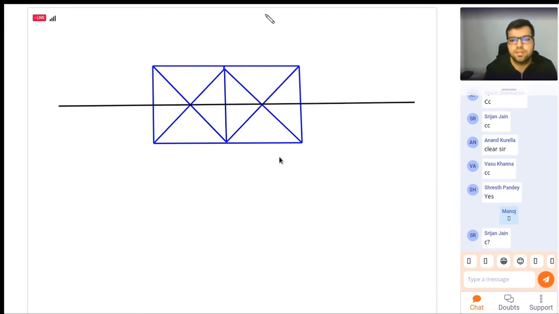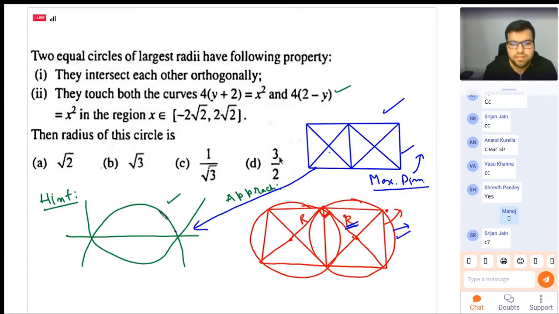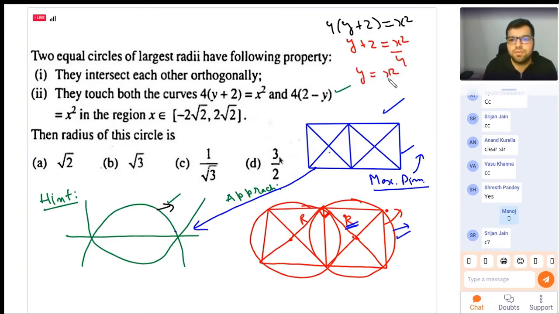So this is the coordinate axis. First, let me explain why we are getting this green curve. One is 4y plus 2 equals x square. Quickly I will tell it to you. So this becomes y plus 2 equals x square by 4, or y equals x square by 4 minus 2.